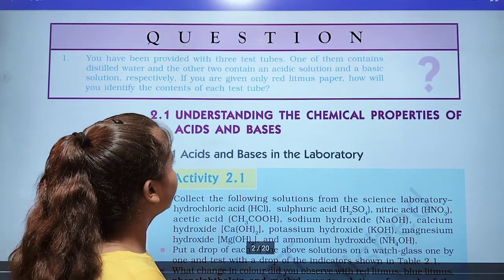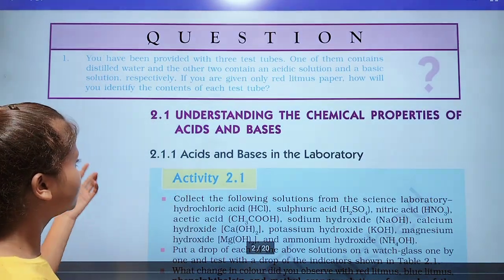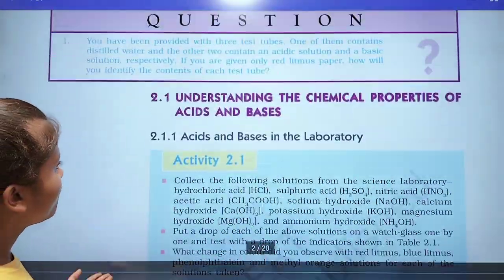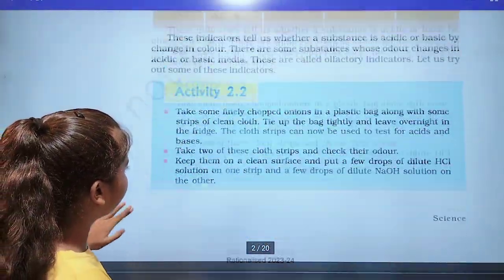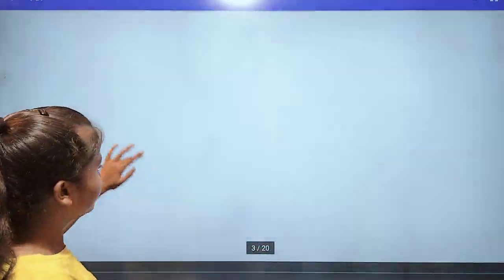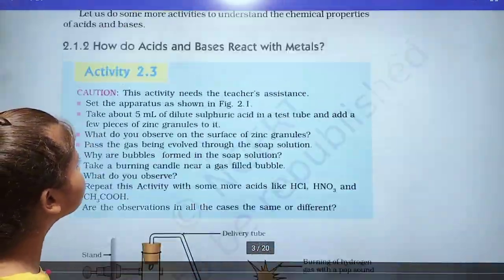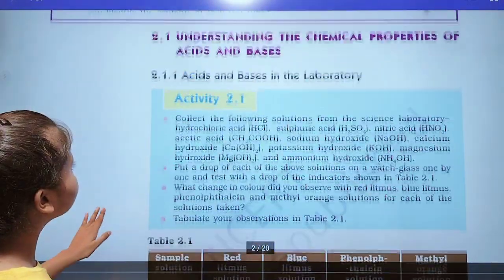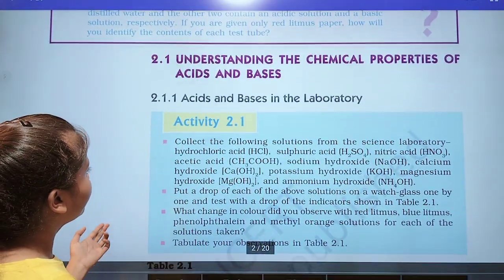Understanding the chemical properties of acid and base. There are activities given here.